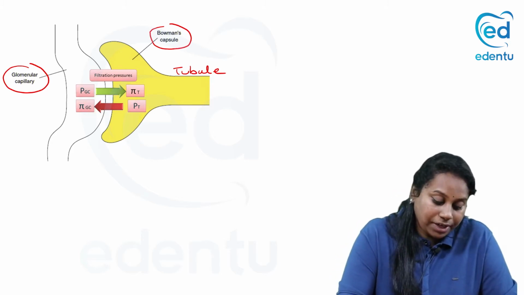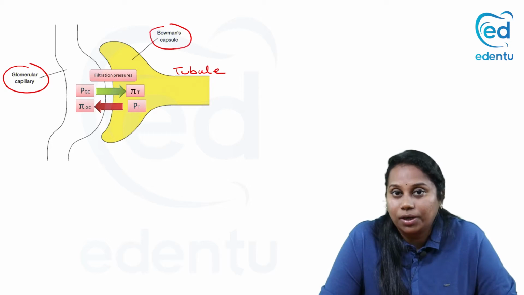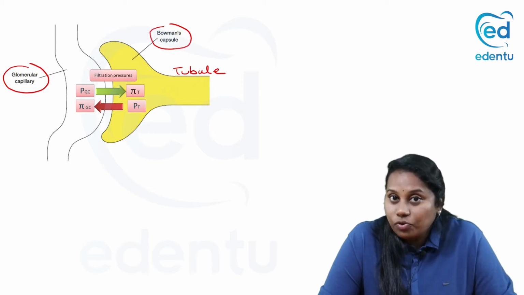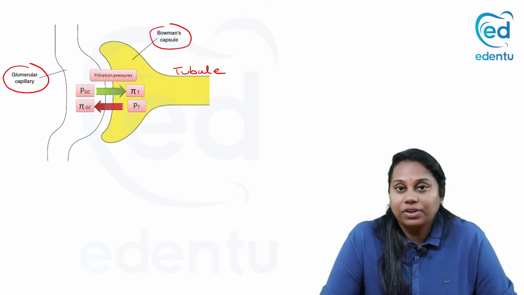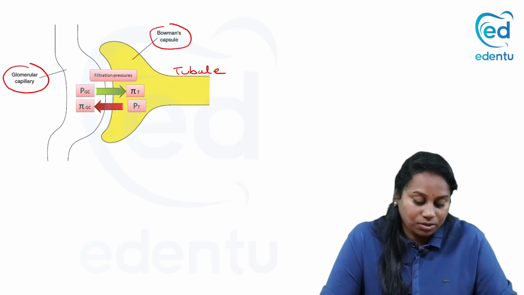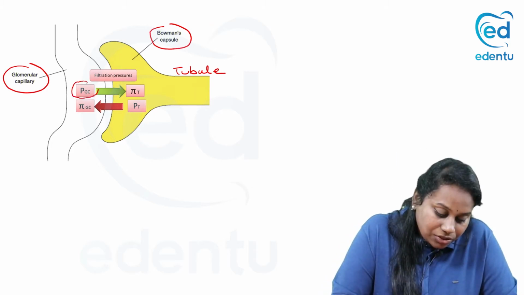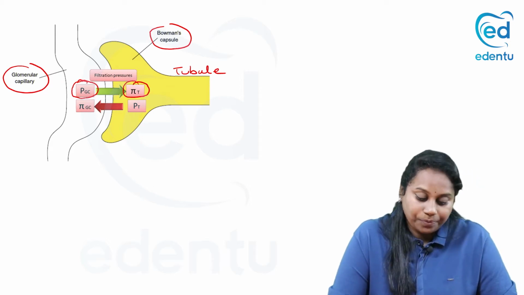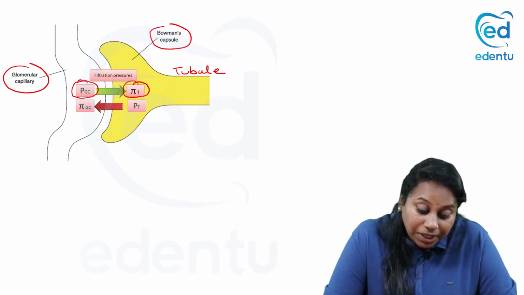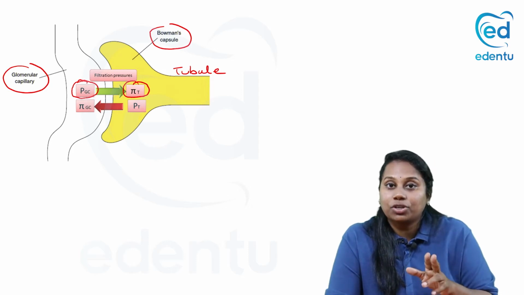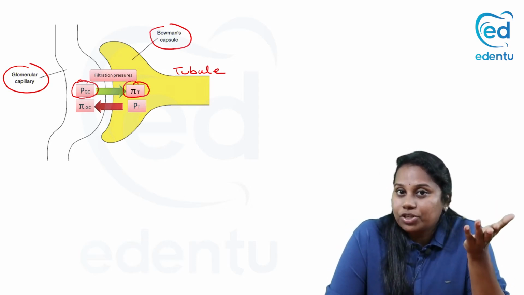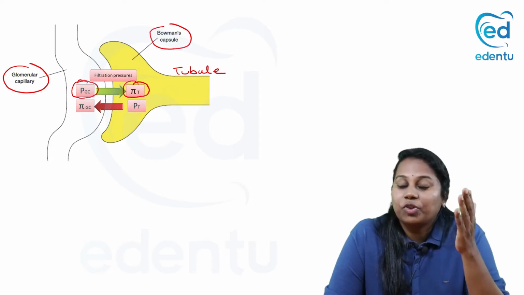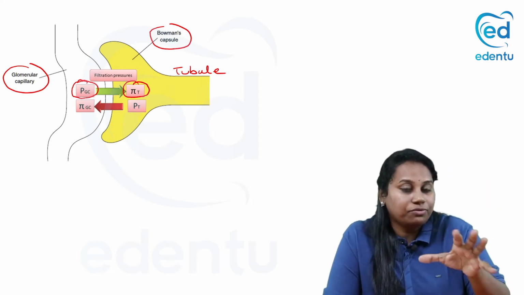Having defined these forces, now we should learn which two forces are going to help with this filtration. Look at the two forces, PGC and pi T. What are they doing actually? PGC is the hydrostatic pressure on the glomerular capillary side. What did I tell you? What are hydrostatic pressures, pulling or pushing forces? Very good. Hydrostatic pressures are pushing forces.